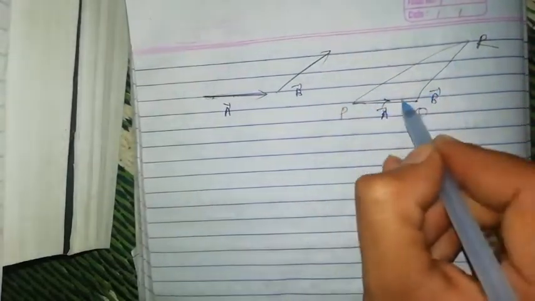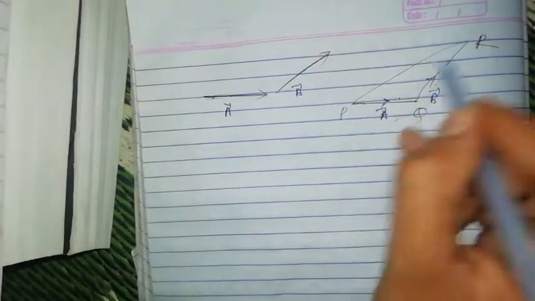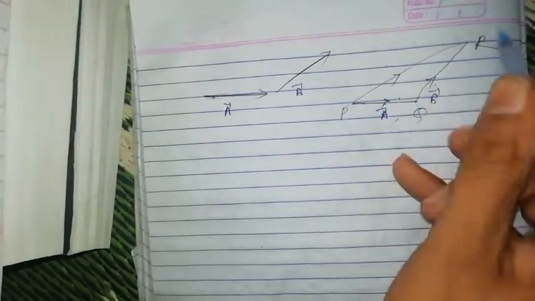Then the directions of A and B are the same, and the direction of P to R is opposite to the directions of PQ and QR.